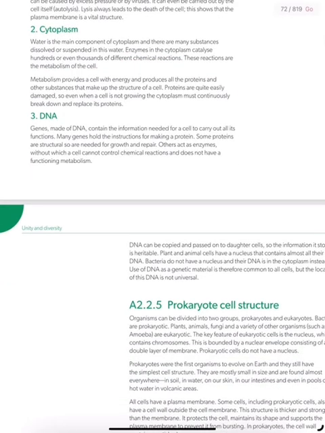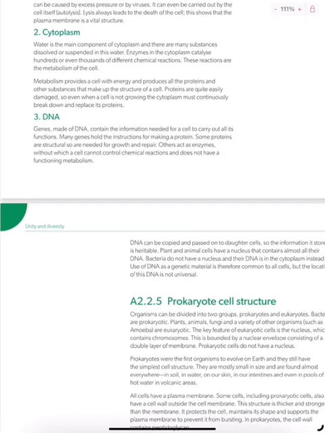Then we have the DNA, which is the genetic information. Genes made of DNA contain the information needed for a cell to carry out all its functions. Many genes hold the instructions for making a protein, and some proteins are structural, so are needed for growth and repair. Others act as enzymes and catalysts.